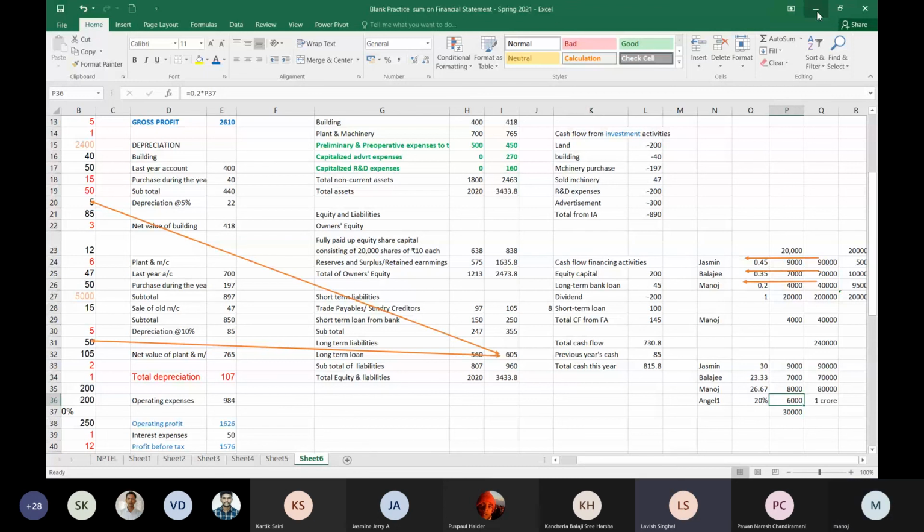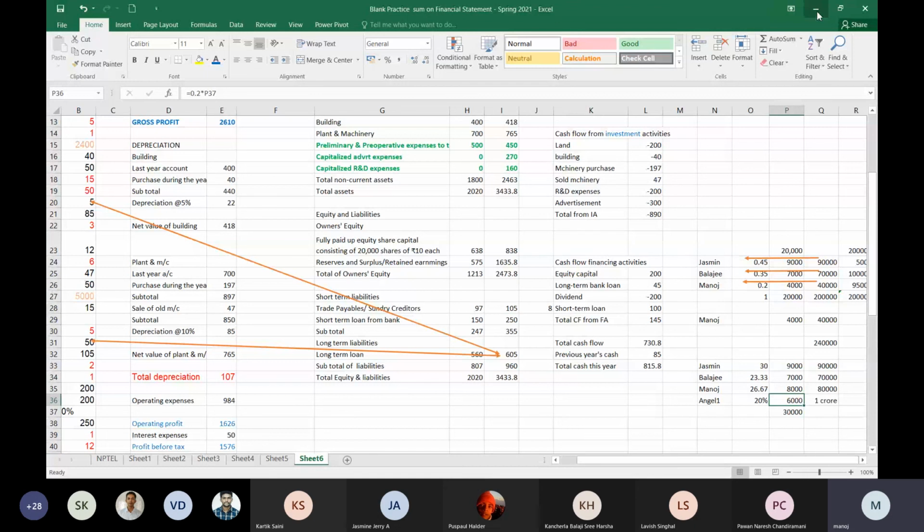Sir, can we say that the market value of each share is 1 crore by 6,000? Right. Absolutely right. Market value of each share is 1 crore divided by 6,000. So if somebody, suppose your dad or your uncle or father-in-law, looking at that your company is doing wonderful, says give me some 100 shares, I want to invest in your company.